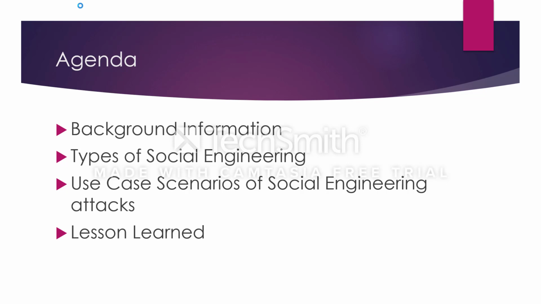Then I'll discuss some use case scenarios of social engineering attacks that actually occur, journal articles about what happened in the real world, and some of the lessons we can learn on how to prevent social engineering attacks in the future.